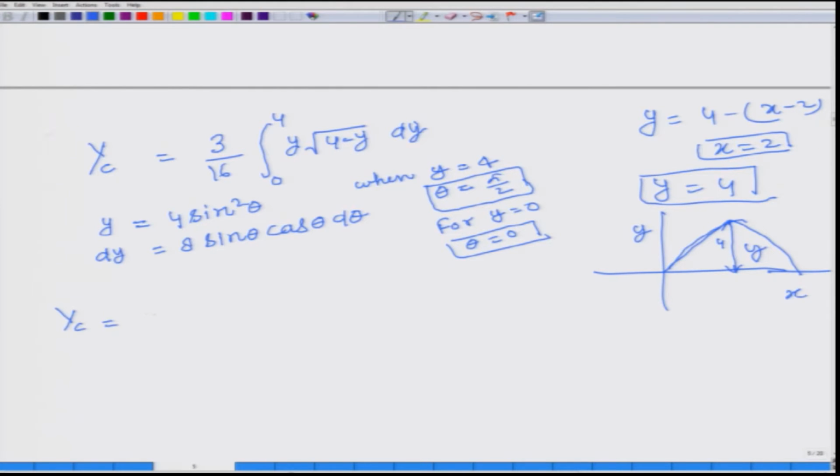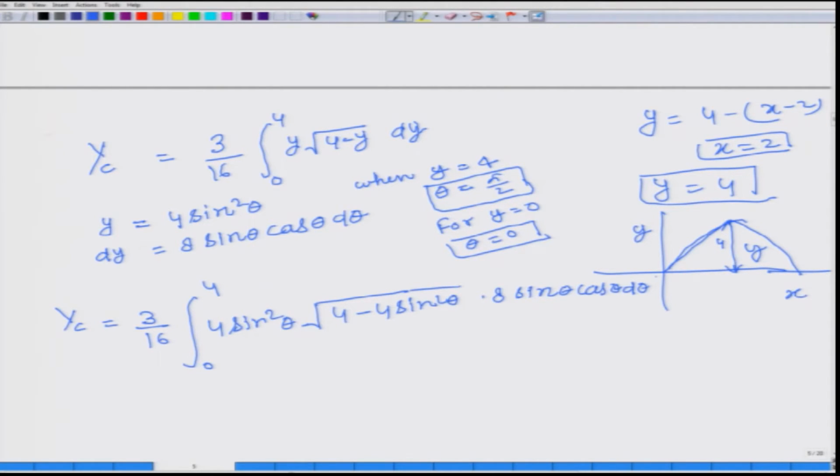So, what is the yc? yc equal to 3/16, 0 to 4, sin square theta root 4 minus 4 sin square theta into 8 sin theta cos theta d theta, right.